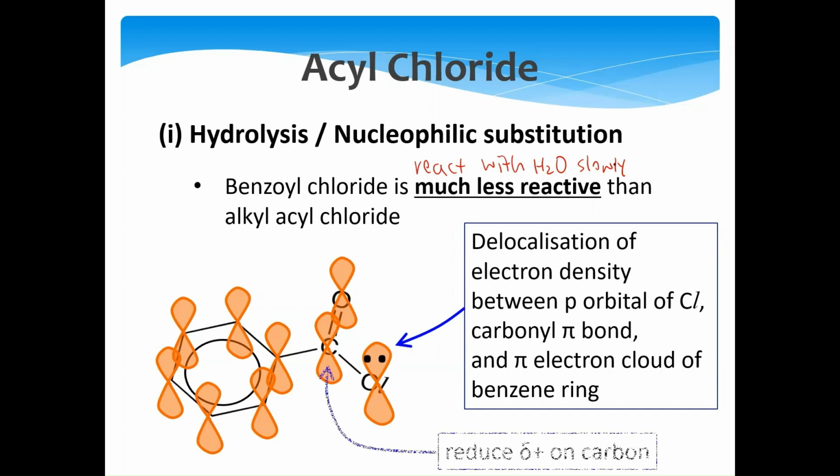As a result, the carbon in the C=O Cl group is less delta positive, less electron deficient. So the reactivity towards nucleophiles will also be less.